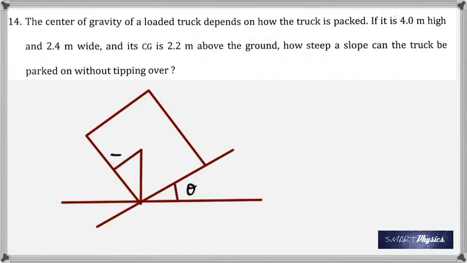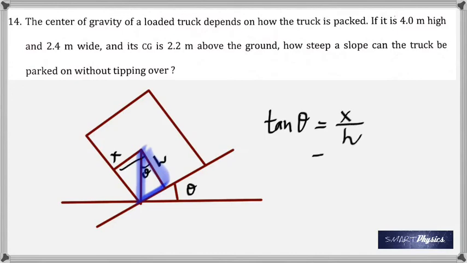So I've set up the triangles with that. Let's take this as X and that's H. These two angles are equal from the symmetry of the diagram. Therefore, look at that right angle triangle. Tan theta is X by H. Because if that's X, this is also X. Opposite by adjacent.